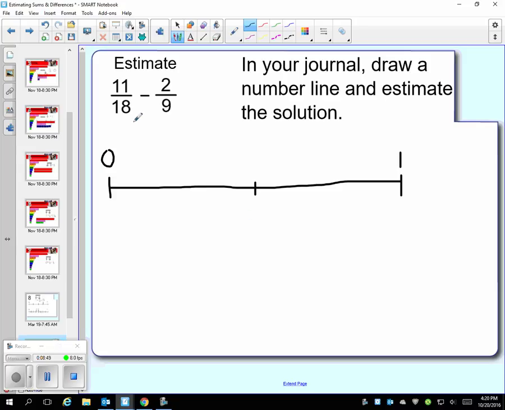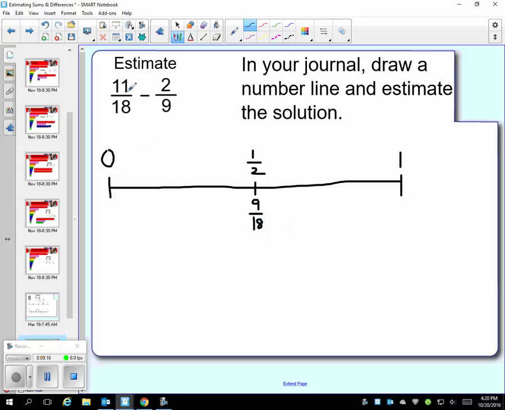Okay, so really what I want to do is let's think about what half is in relation to 11/18. Well, what is half of 18? 9, right? So if we were going to cut this number line in 18 pieces, we know that our halfway point is 9/18, right?